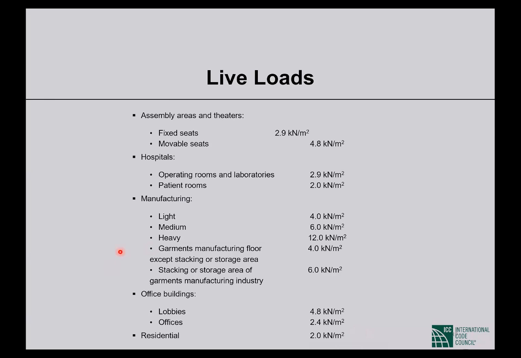One is this: garments manufacturing floor except stacking or storage area. So for garment factory buildings, there have been a lot of disputes and controversies regarding these things, because when this code was being drafted, just in 2013, the tragic event of Rana Plaza happened.